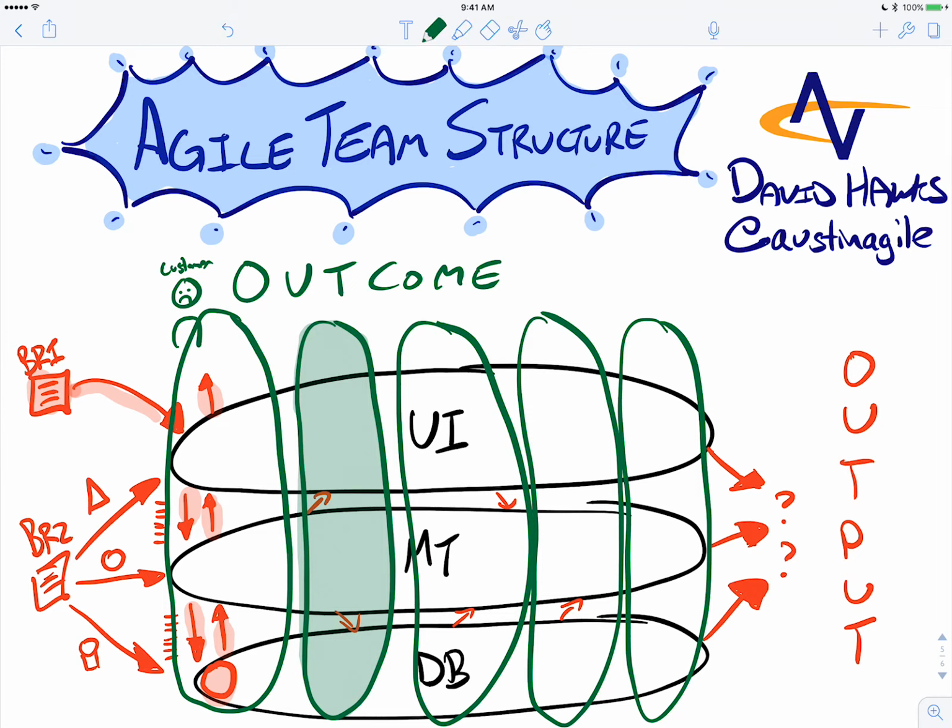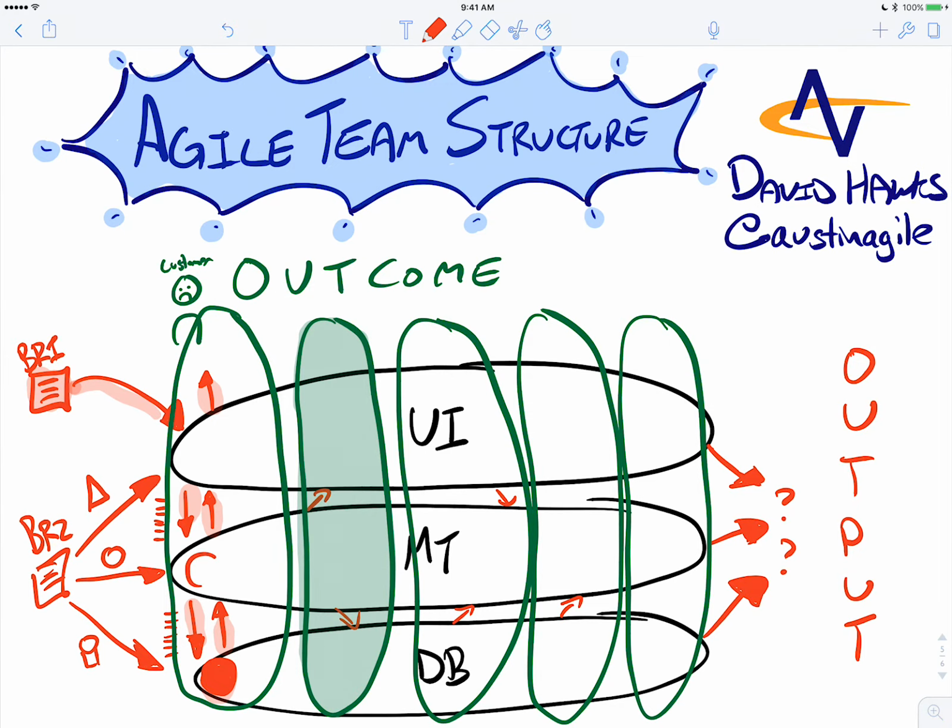This thing down here, build the database tables for the shopping cart, is not testable. We could verify it meets a design spec, but we can't verify that it's actually solving the user's problem until we have integrated with these other pieces from the UI and from the middle tier.